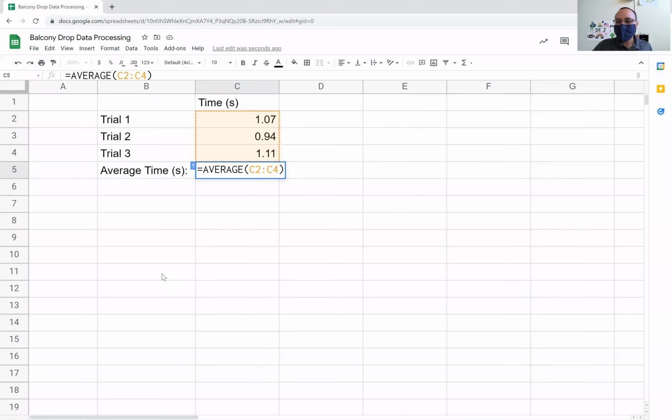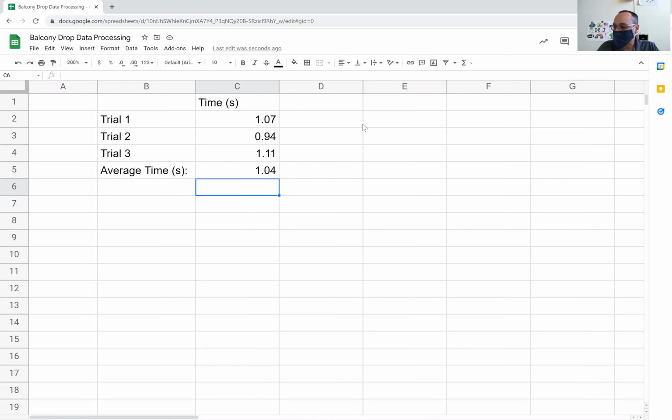What this function says is that the average function built into Google Sheets is going to operate over all of these cells. That's why there's C2 colon C4. It wants to go through that entire range. It'll calculate an average, and it's going to give us 1.04 seconds.